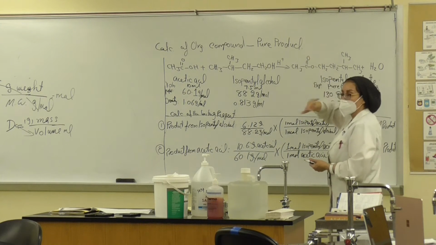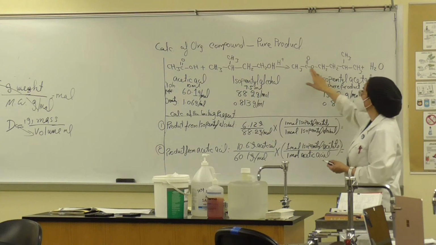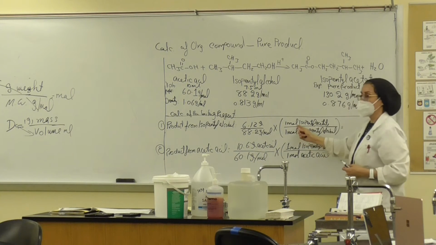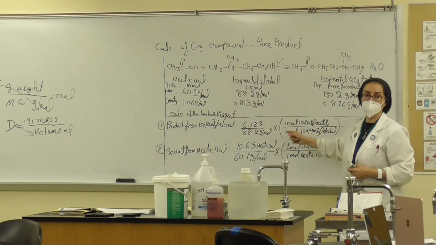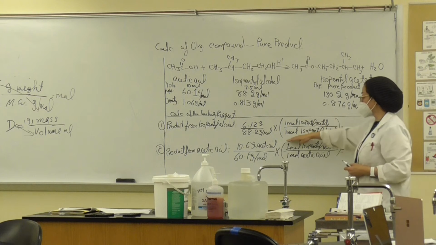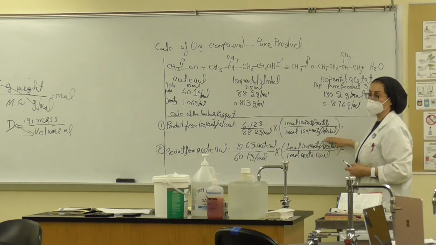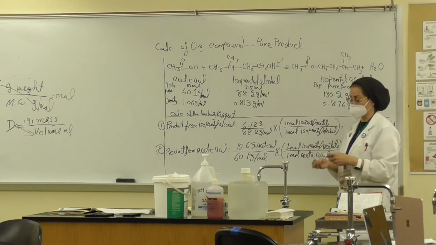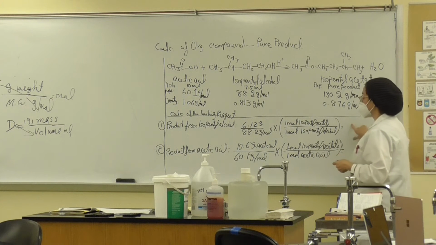This is the balanced equation. It's a 1-to-1 molar ratio. This is the ratio. This is the threshold. It's a very important step that you put the number of moles of the product over the number of moles of the starting material. After you do the calculation, I did it in one step, and I want you to give me the number of moles.